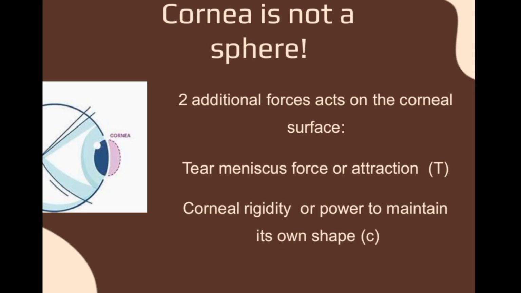We have a modified Imbert-Fick law that says that cornea is not a spherical structure, rather it is an aspheric structure and two additional forces are acting on it. Which forces are acting on it? One is tear meniscus force or attraction, and the other is corneal rigidity, or its power to maintain its own shape.